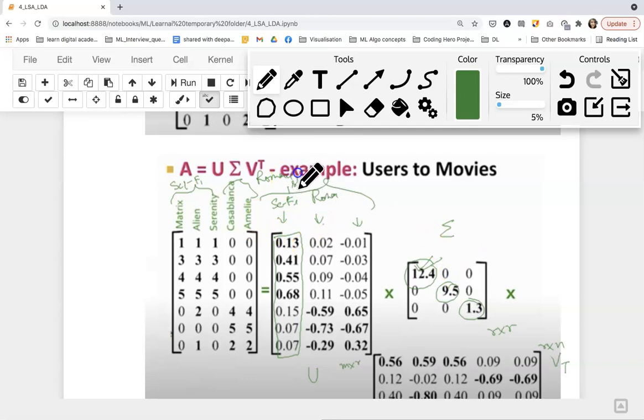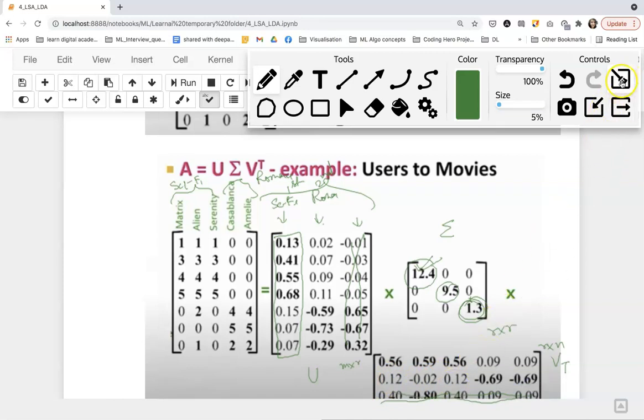We can neglect this 1.3 because it is very small compared to 12.4 and 9.5. Similarly, we can neglect this last row in the V transpose.